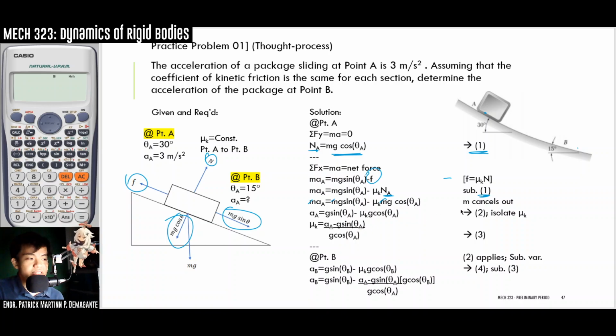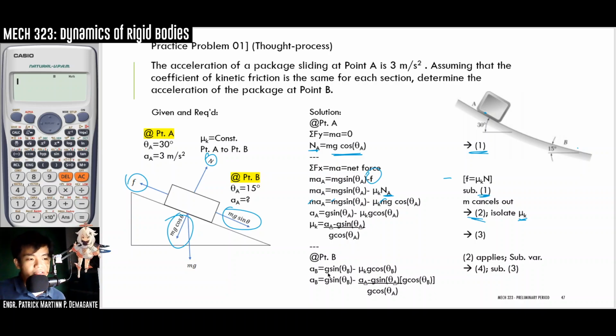Then, what's next? Isolate. And you'll have this equation na. Save it as equation 2. Isolate mu K, and you'll have equation 3. Then, from point B, equation 2 still applies, pero substitute yung variables as for point B. Okay, ito na siya.